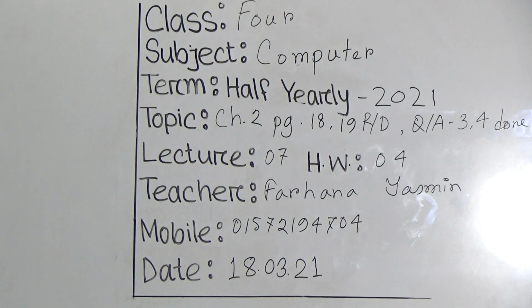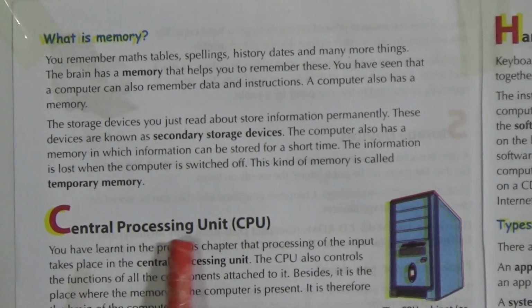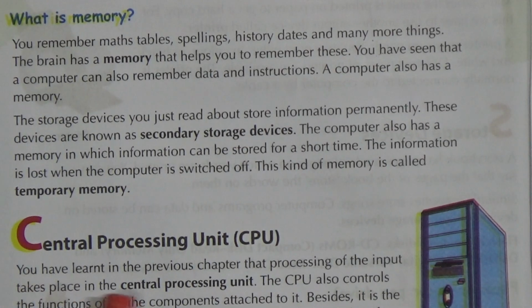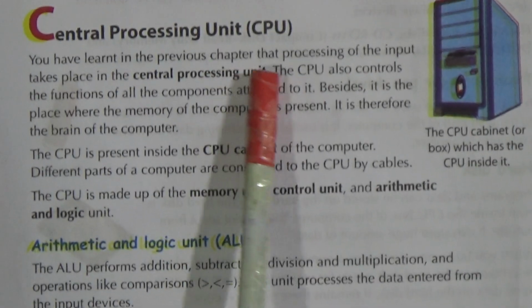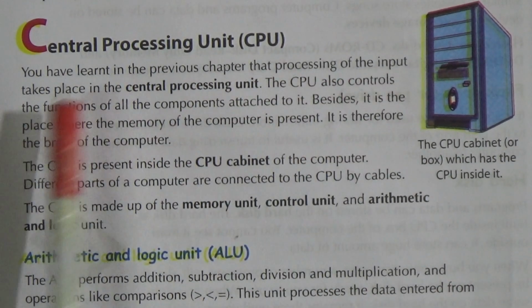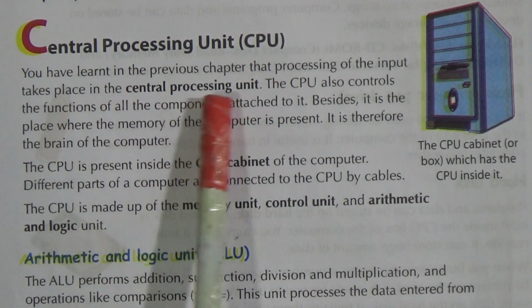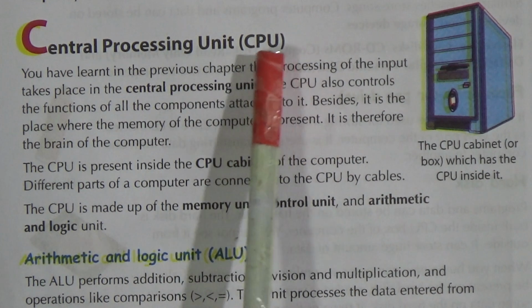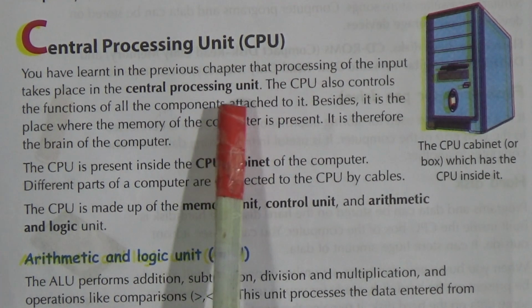Okay dear students, let's look at page 18 first. We will start from Central Processing Unit or the CPU. You have learned in the previous chapter that processing of the input takes place in the Central Processing Unit. The Central Processing Unit is called CPU in short.